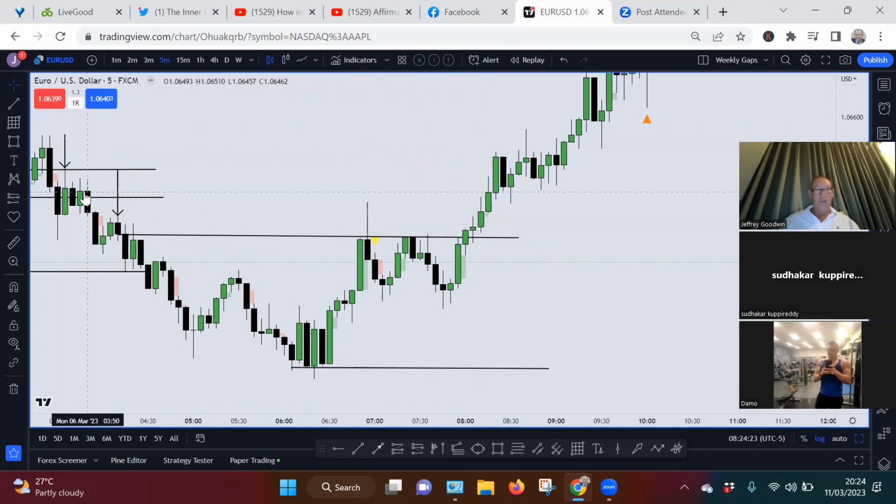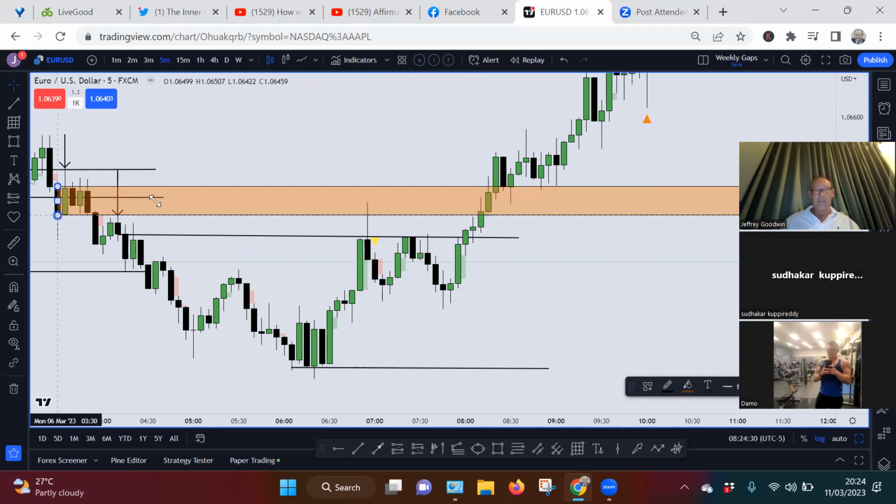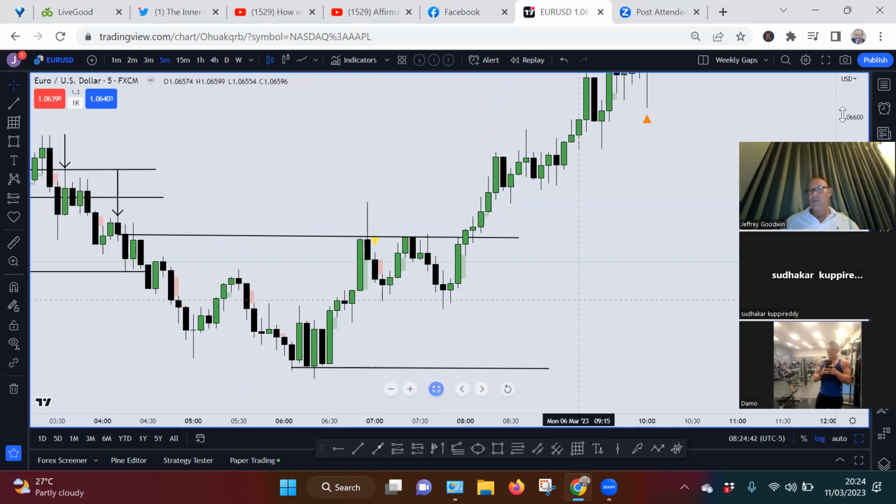This order block over here. You could quite easily do something like this as an entry there. There's also in here a hidden FVG. So that again, Jeff, it's a hidden FVG in there.